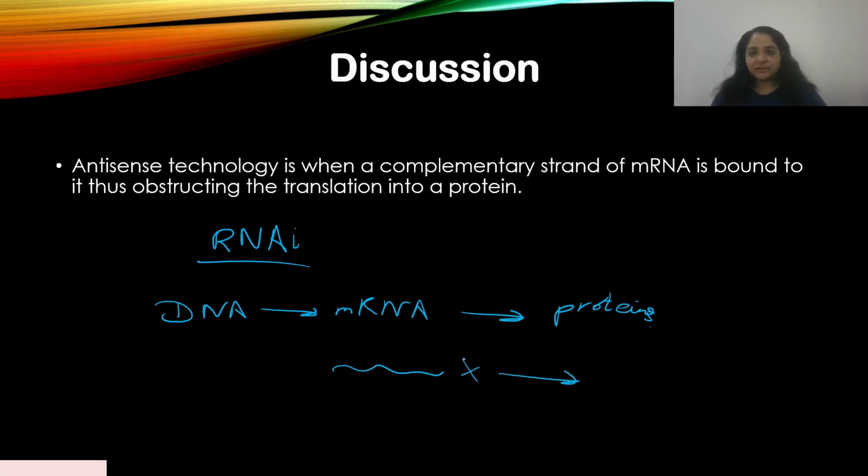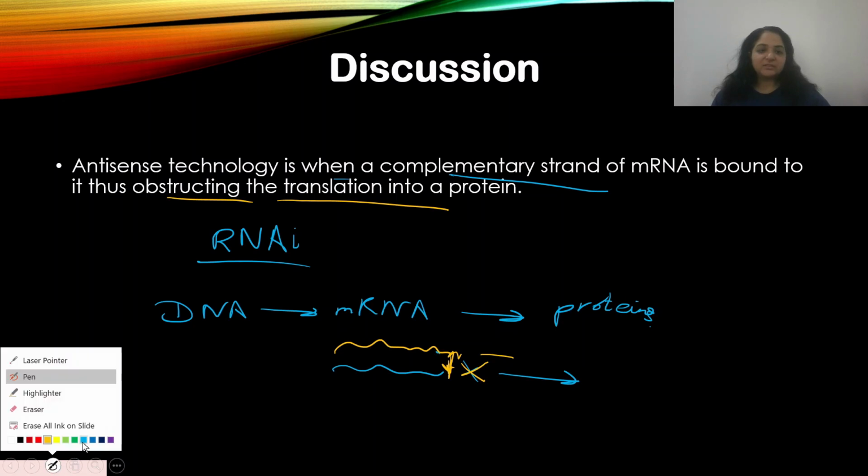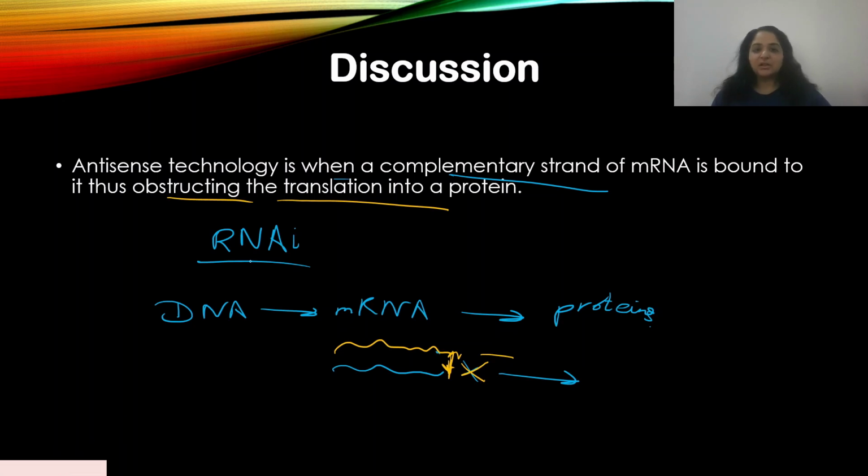So we stop the expression of protein by introducing a complementary strand of mRNA. Once this binds with the mRNA, it will stop the expression of protein. The mRNA cannot be translated into protein, so it obstructs the translation. Basically, that's what antisense technology is. It's a similar concept to RNA interference, RNA silencing.